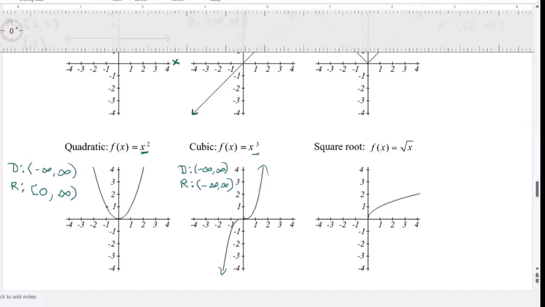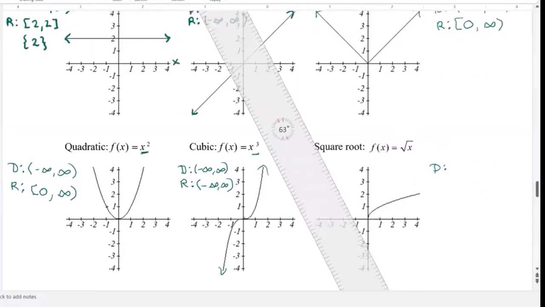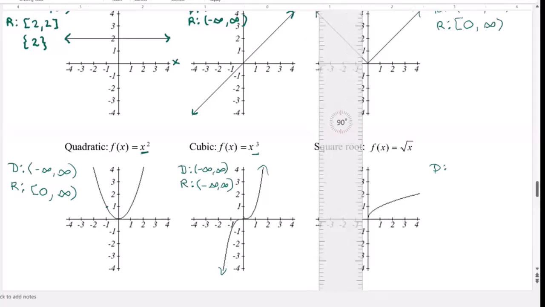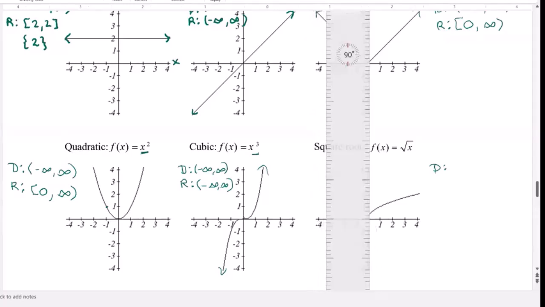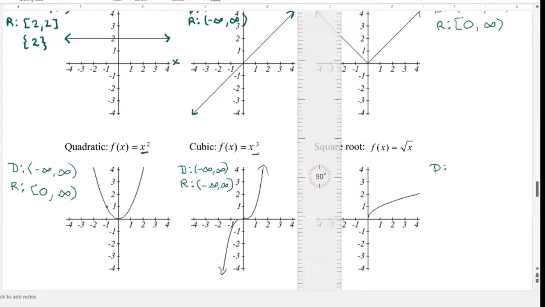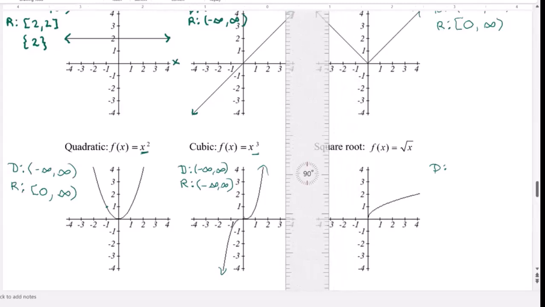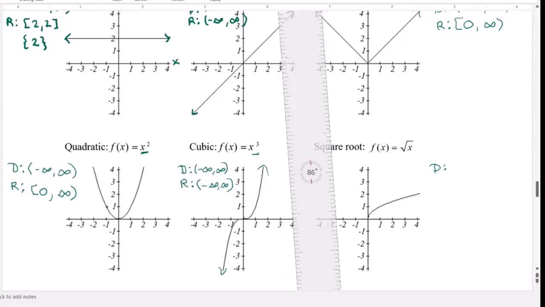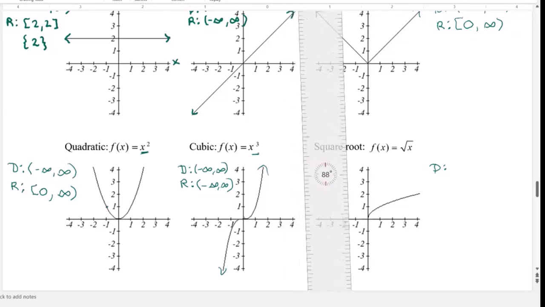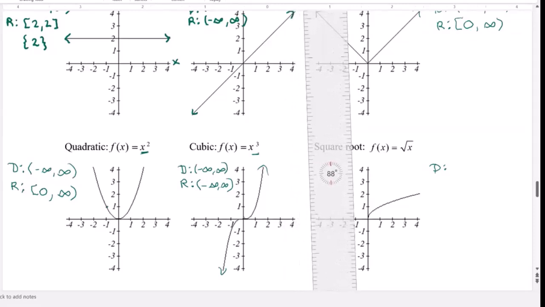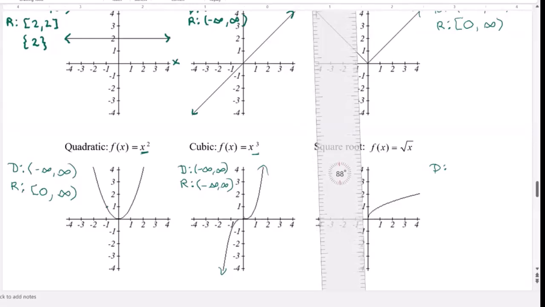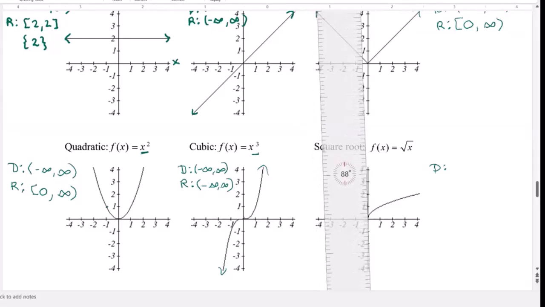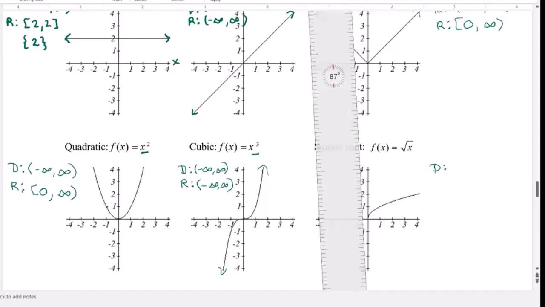Now we have a different situation. So if I talk about my domain, I'm going to really keep using this ruler for a little bit. I know some people really have a problem with domain and range, so I'm going to try to show you. I'm making it vertical because notice I'm going across the x-axis. So where does this graph start if I look across the x-axis? Oh, when x equals 0.